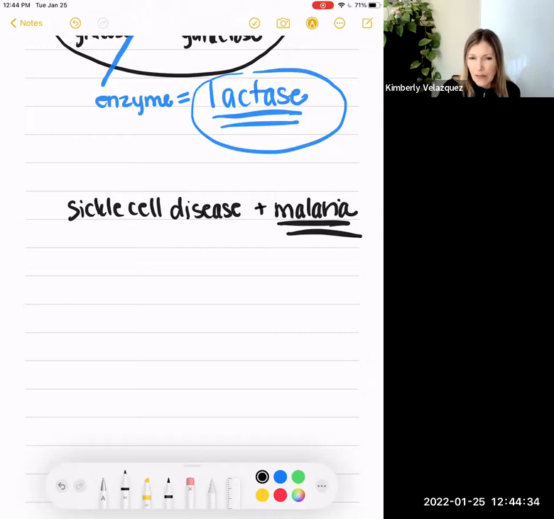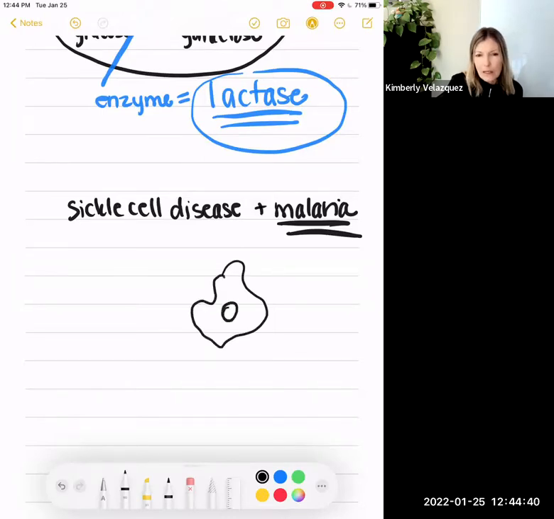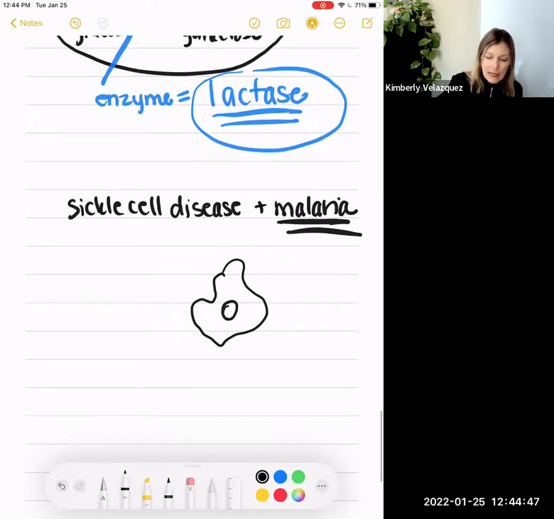Malaria is caused by a protist. It's an amoeboid parasite that is carried in the saliva of certain mosquitoes and transmitted to humans, and it parasitizes normal red blood cells.